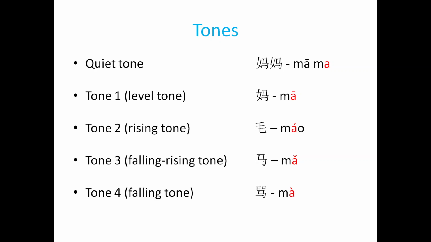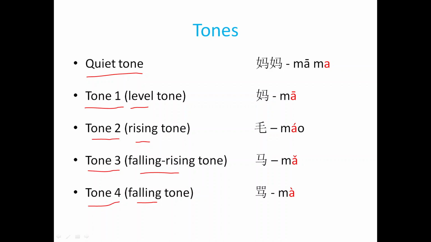To be simple, I call them quiet tone, tone 1, tone 2, tone 3, and tone 4. The official names for the last 4 tones are level tone, rising tone, falling rising tone, and falling tone. The quiet tone, as the name suggests, makes the word sound quiet.